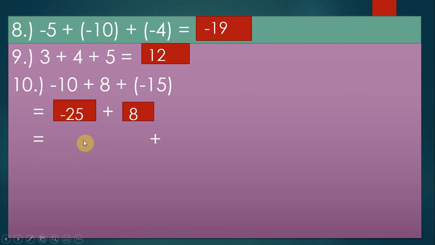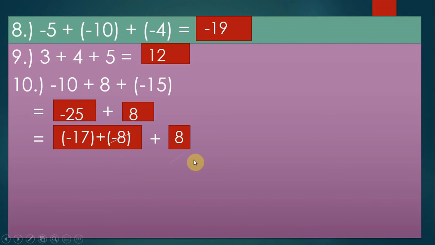So the breakdown of negative 25 is also negative numbers, and these are negative 17 and negative 8. Negative 8 is the opposite of positive 8. Okay, copy here. Then you can cancel the two opposites. The remaining number now is negative 17. So therefore, the answer is negative 17.